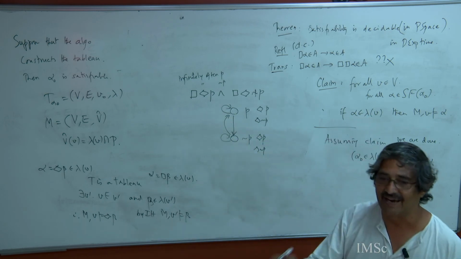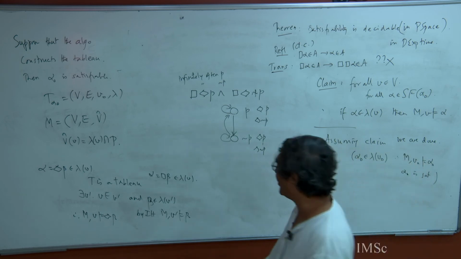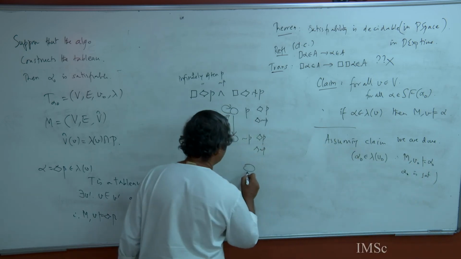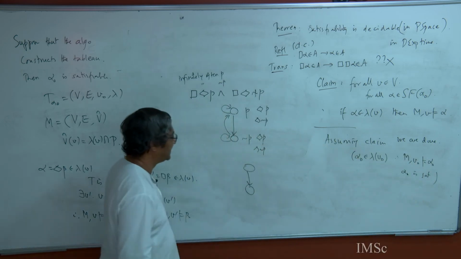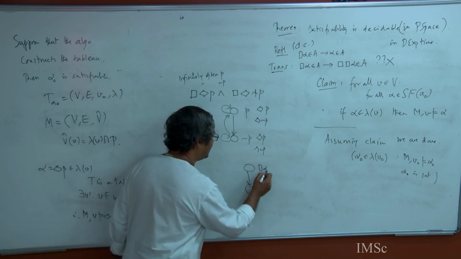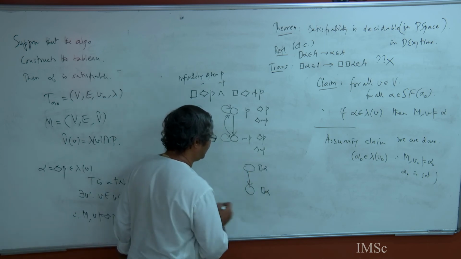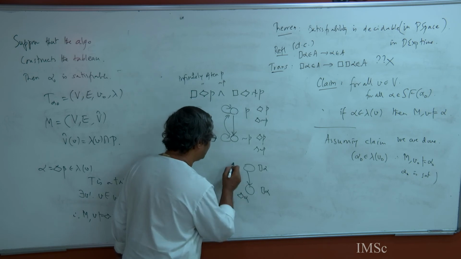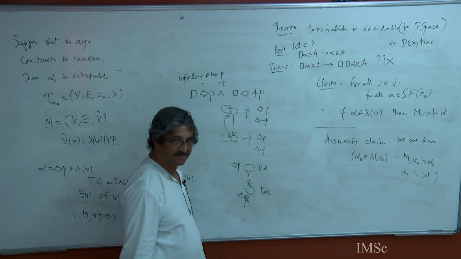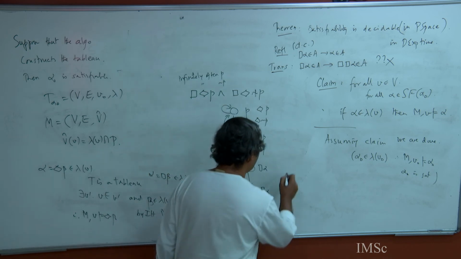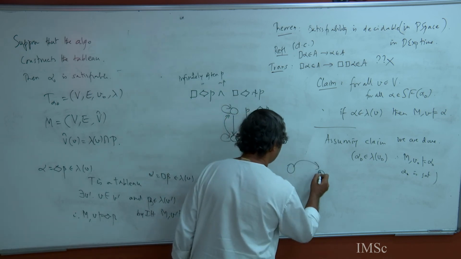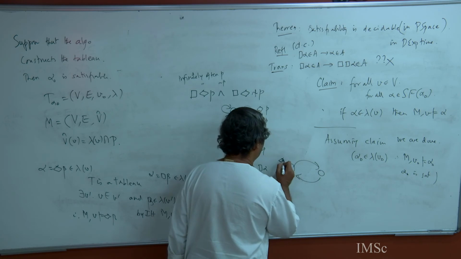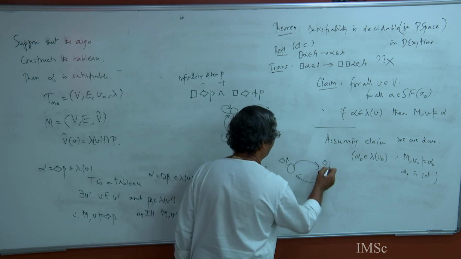In general, when I take a transitive model, right, what do you know? If box alpha belongs to this, then box alpha belongs to this. If diamond alpha belongs to this, diamond beta belongs to this, then diamond beta belongs to this. If it's part of a loop, if diamond beta belongs to this, diamond beta belongs to this.